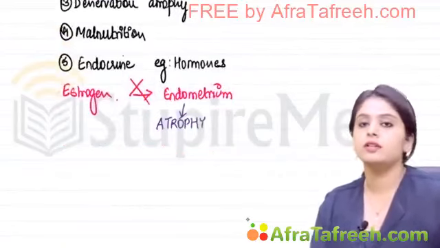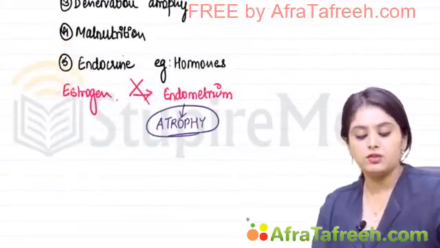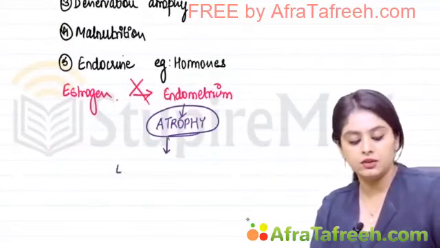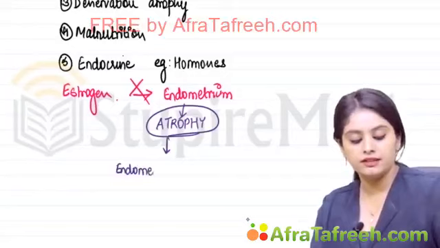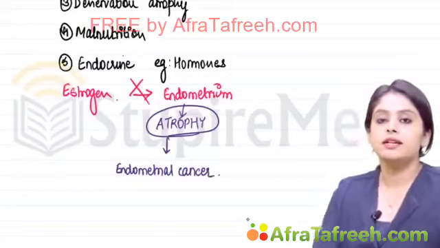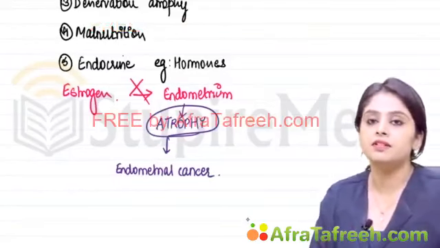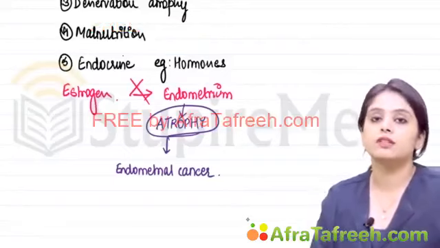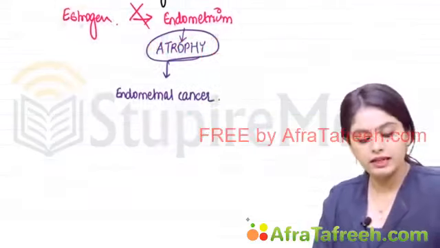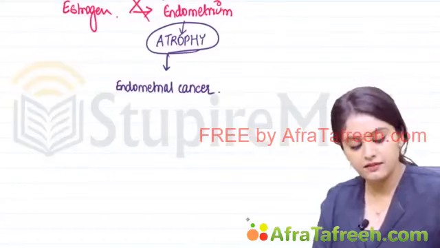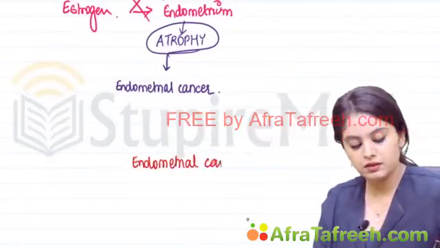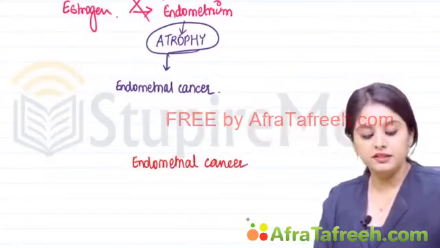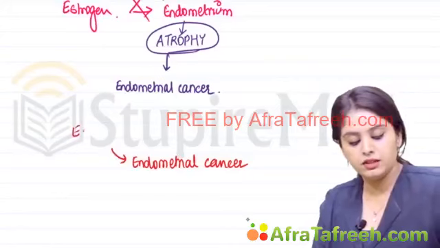A very important point, because endometrial atrophy can result later on in endometrial cancer. So students, now just try to recall, if endometrial hyperplasia is left untreated, that can also result in cancer. Endometrial atrophy can also result in cancer. So indirectly, I can say that if we have a patient of endometrial cancer, this can be following endometrial hyperplasia.